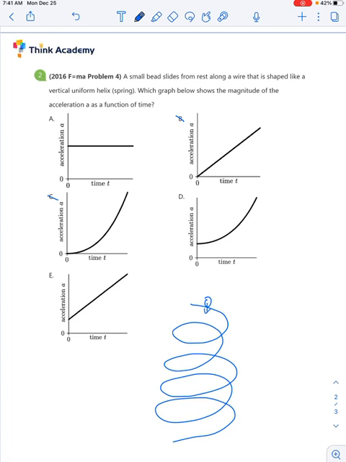Okay, so what about A, D, and E? At this moment, you can just use the process of elimination. A will be wrong, because in this case, the acceleration is constant. This would reflect an object undergoing free fall motion, when you only have the gravitational force, which is not going to be true in this case, as you have circular motion.